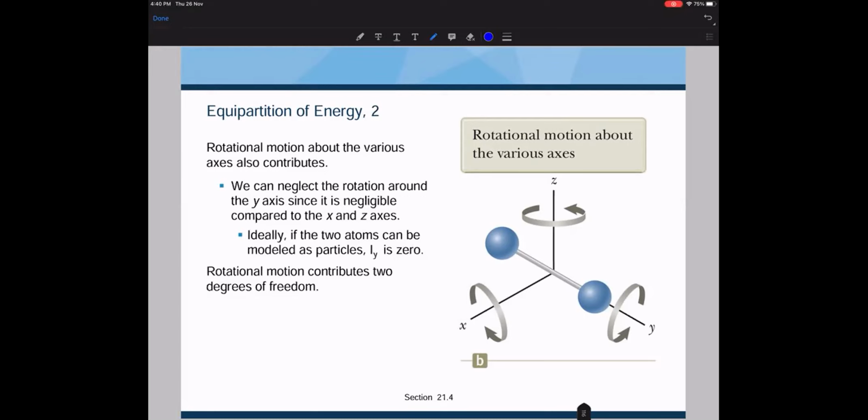On the other hand, rotation about the x-axis and the z-axis is like rotating the dumbbell for the two heavy masses on the dumbbell. So that would contribute to the degree of freedom of motion, and there would be two of them.